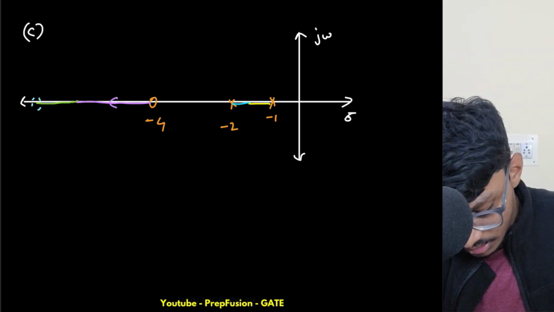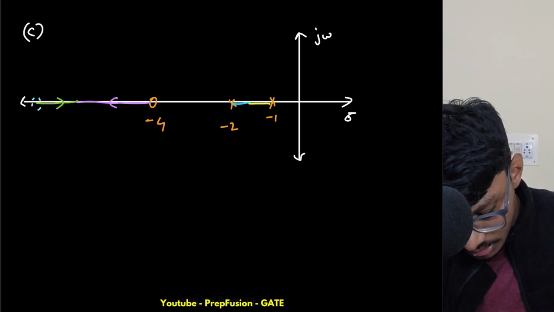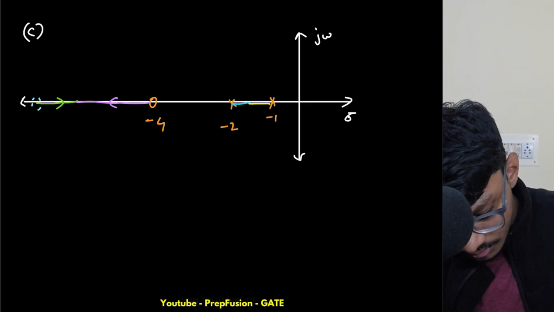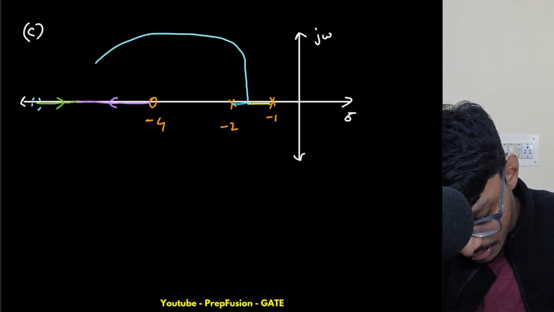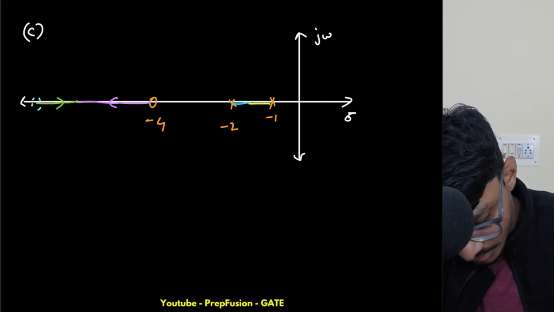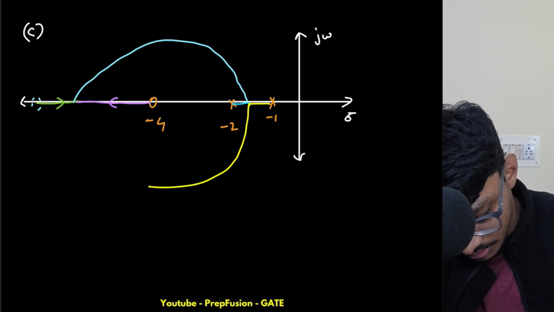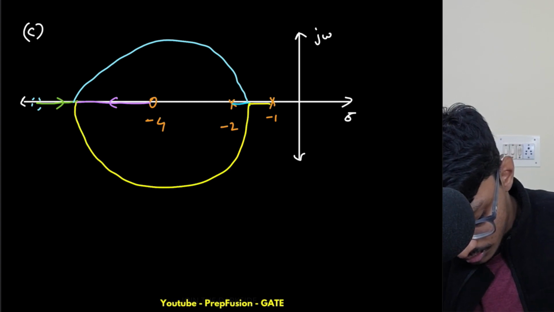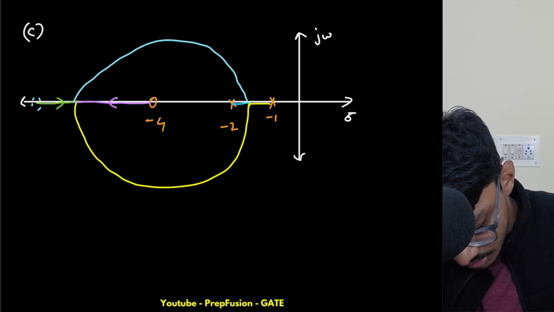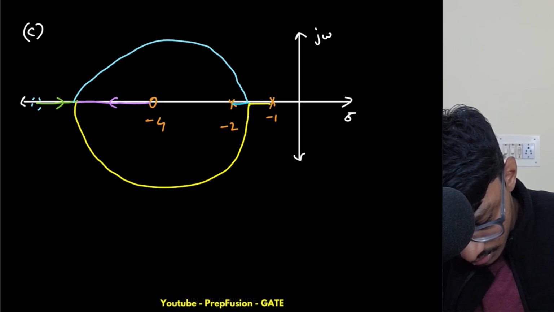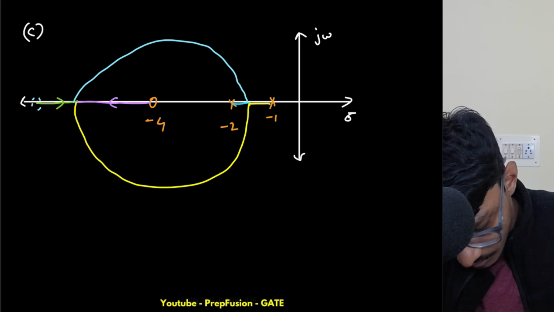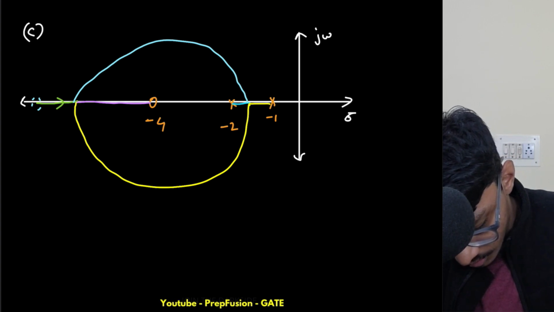So what is happening? This breakaway point will come here and break in here. Okay, my drawing is not that great, and this point will come here and break in here. Okay, so let me color the branches correctly. Okay, I made a mistake over here. The arrow should be correct.